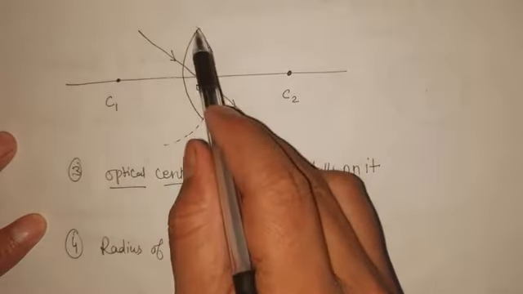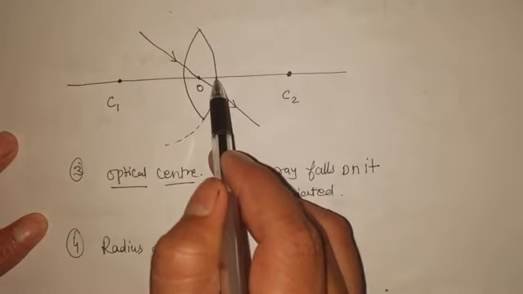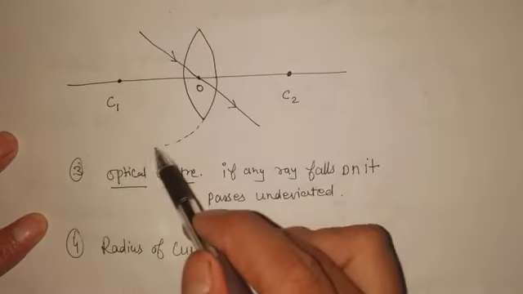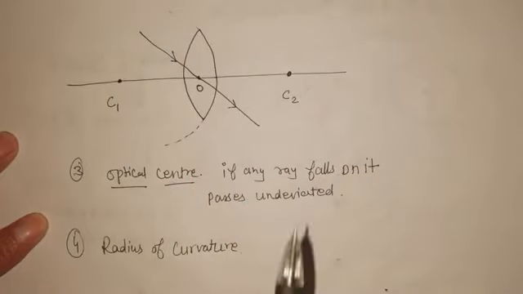So the next term that we are going to learn is aperture. What is said to be aperture? Generally by aperture we mean the width of the lens, the effective width. Some lenses will have small width, while some lenses will have larger width. So this width is directly related to the aperture.